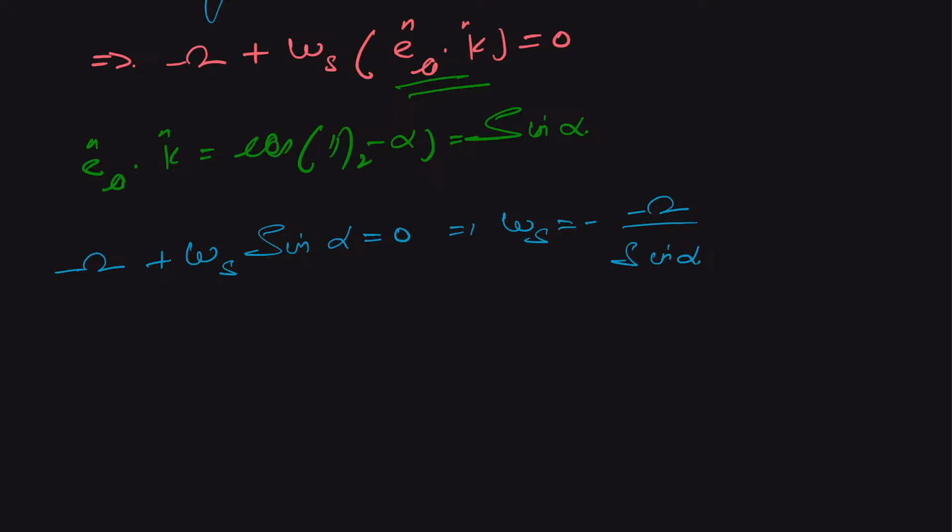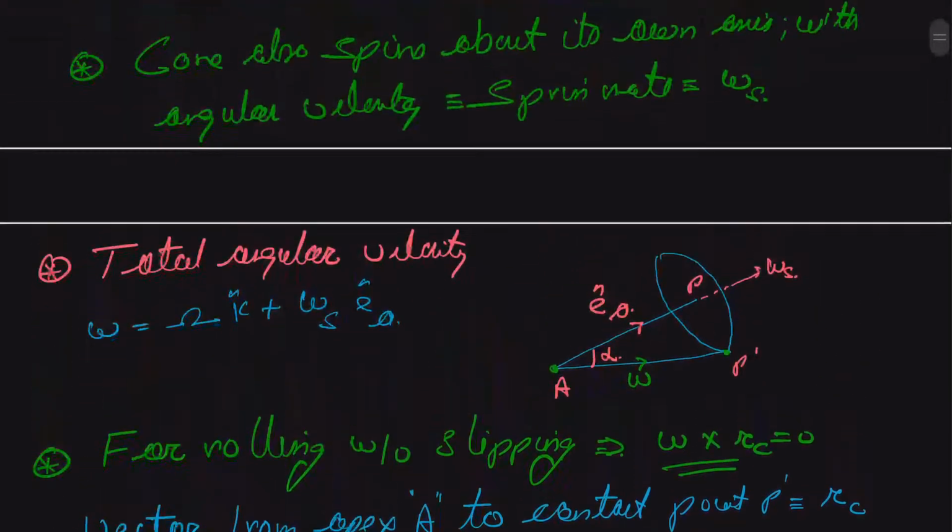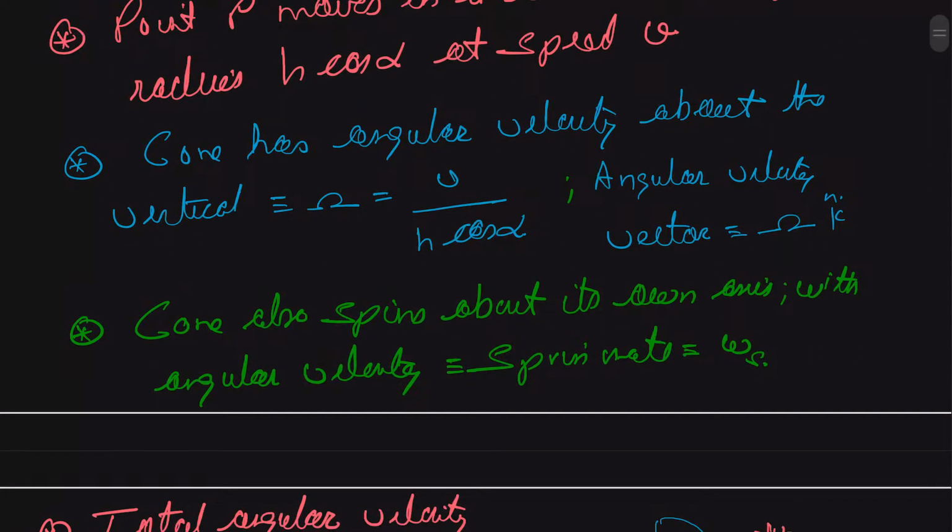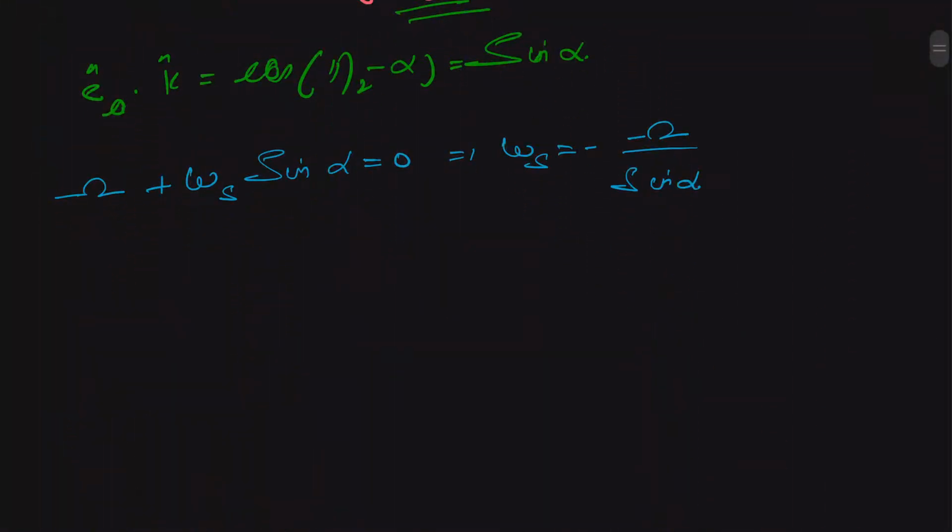And if we substitute the value of omega, we already know it is v upon h cos of alpha. Therefore we can write that omega of s is equal to minus v, and we have h cos of alpha divided by sine of alpha. Okay.